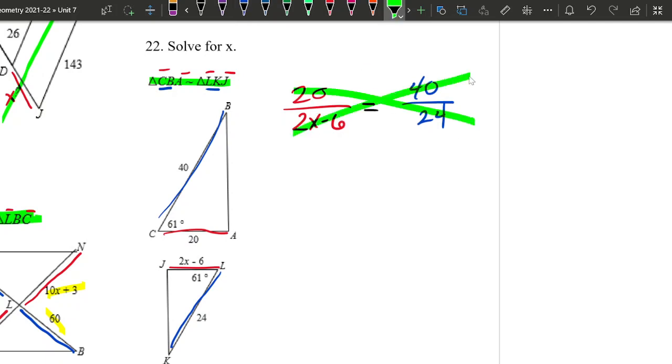Once you get the proportion, you get the cross product. 20 times 24 is going to give me 480. And that's going to equal 40 times 2x minus 6. So in this one we do have to distribute the 40 to both parts inside the parentheses.